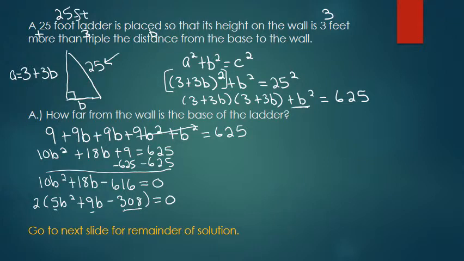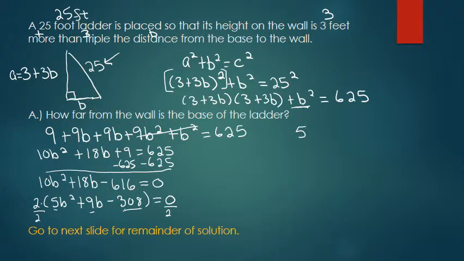Okay, so this 2 actually can be divided out, so I can just get rid of it. Remember that this is multiplication, and in order to cancel multiplication, you divide, and I'm dividing both sides by 2. Okay, so now I have 5b squared plus 9b minus 308. I have a coefficient other than 1, so I want to multiply my first and my last terms.